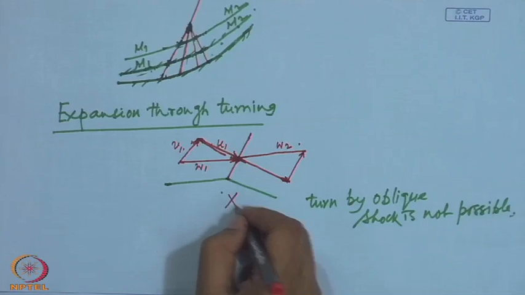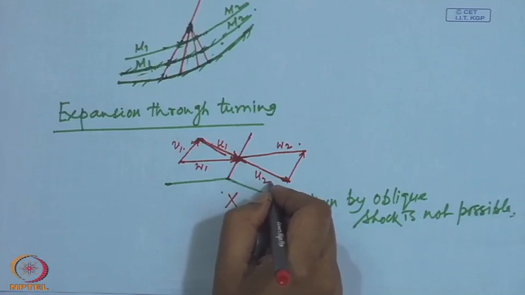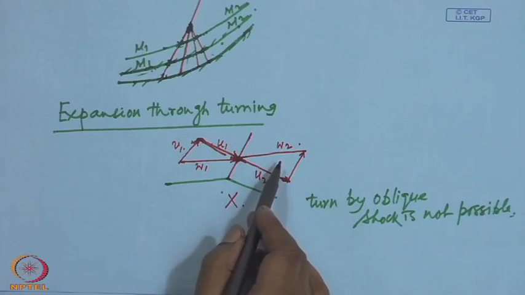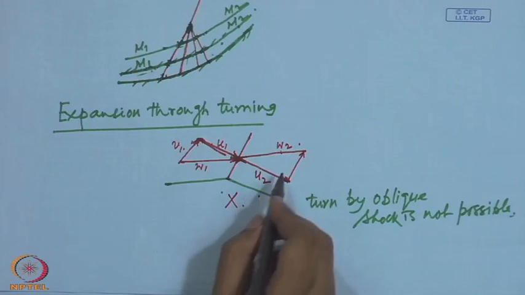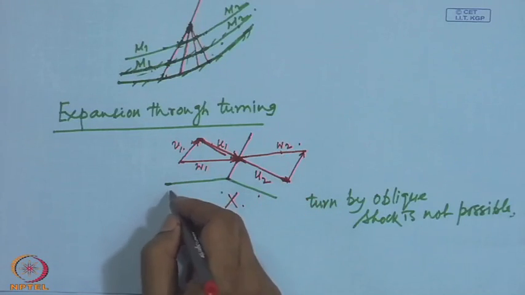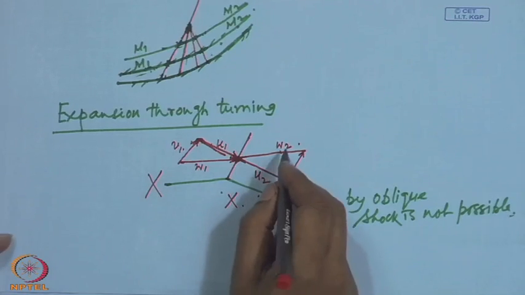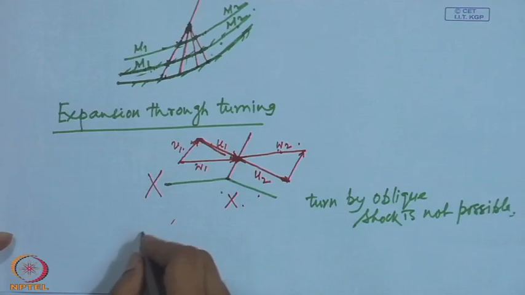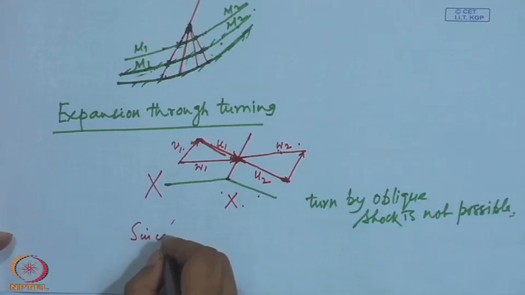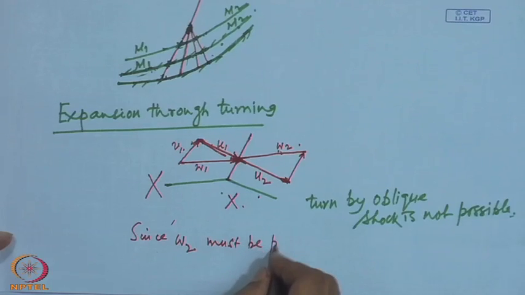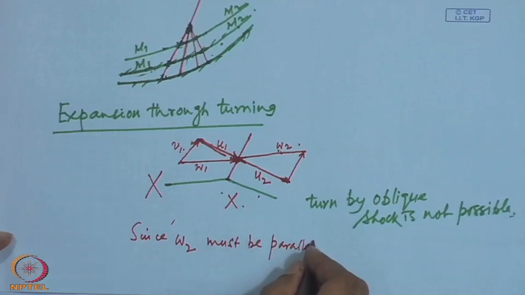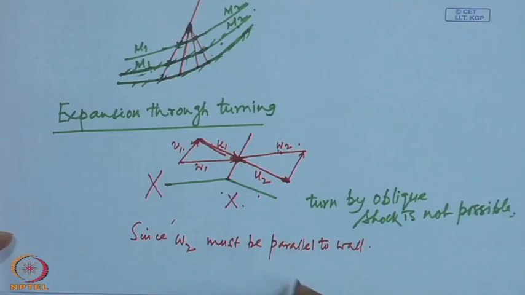Now this of course cannot happen, because it simply implies that, since W2 must be parallel to this wall, this cannot happen.